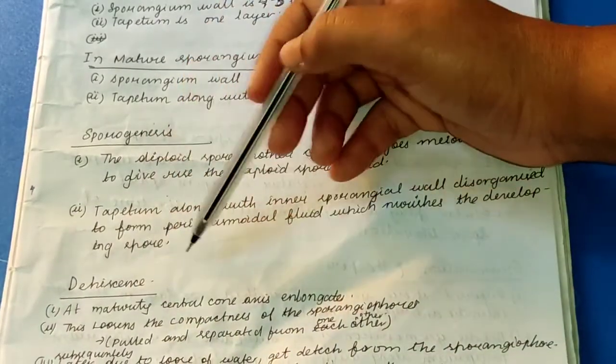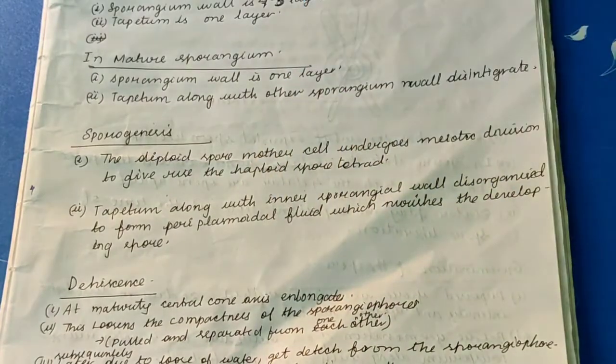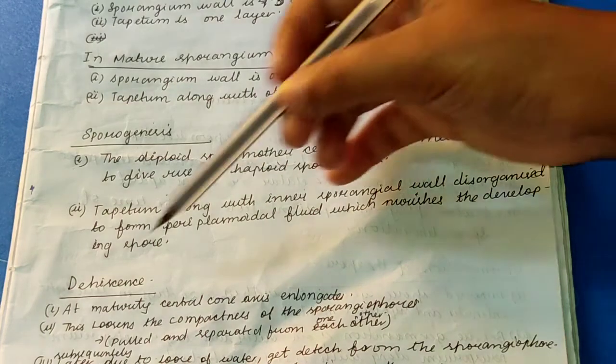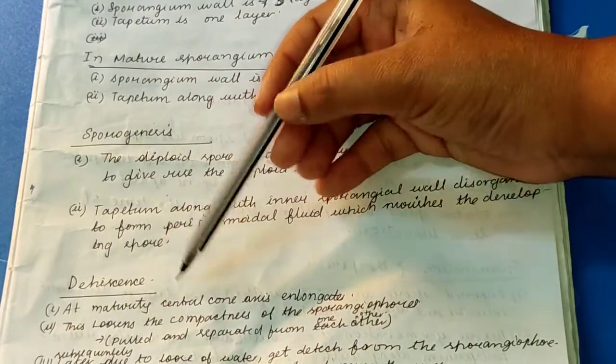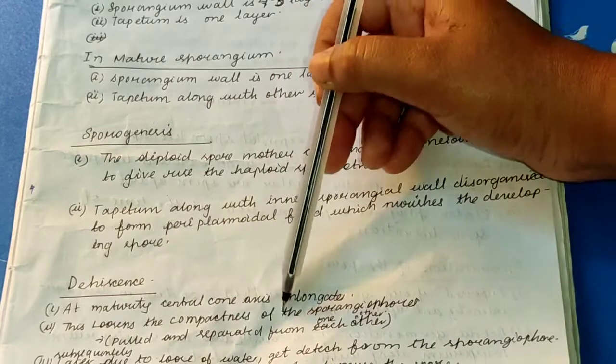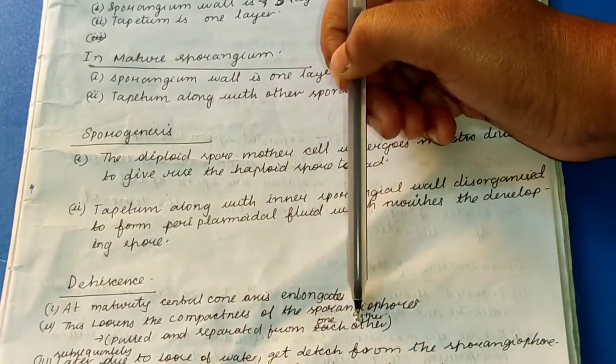at maturity the central cone axis elongates. That means when at maturity the central axis elongates, as a result there will be looseness of the compactness of the sporangiophores, and they pull and separate from one another.